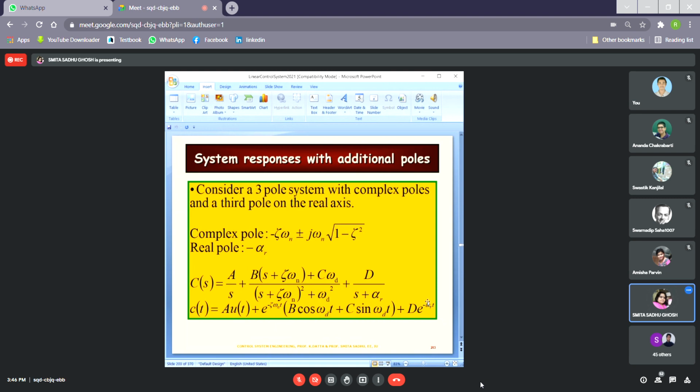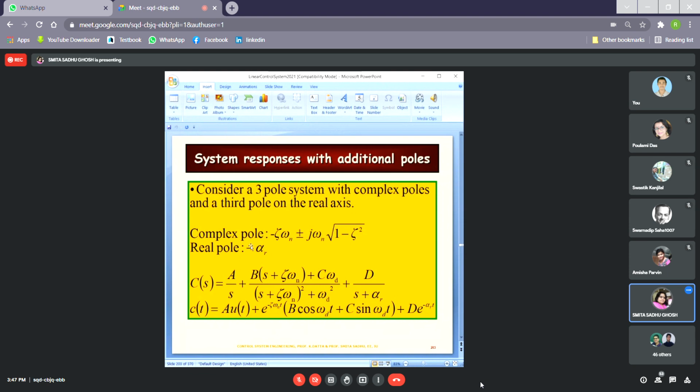Small means what? Will it decay faster or slower? Slower, yes, it will decay slower, meaning the effect of this added pole will persist for a larger amount of time. So the effect will be visible for a larger amount of time.